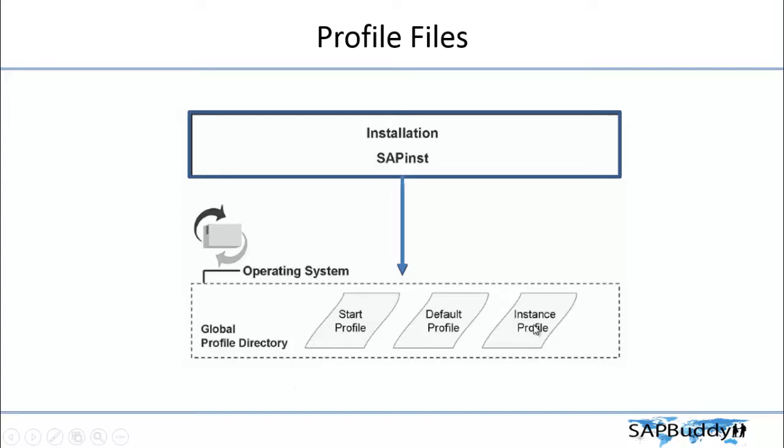The third one is the instance profile. The instance profile is specific to one instance, either one application instance or the central instance, defining how that specific instance should behave and what the parameter values are for it.